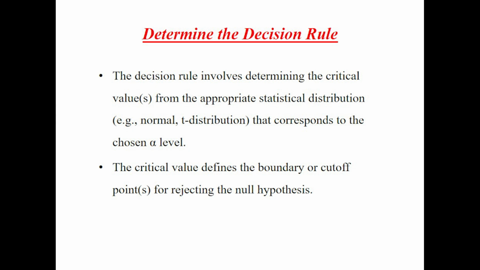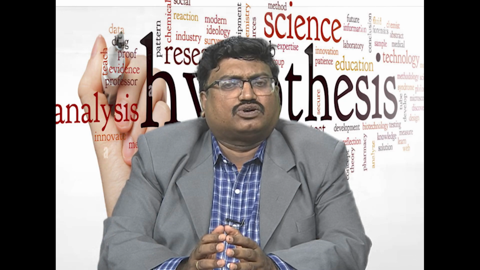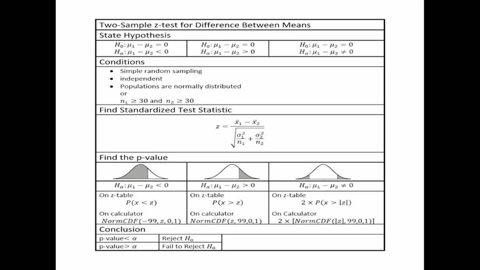What does this decision rule determine? When we said the value of 1.96, that is a critical value. If it is a t distribution, we talk about degrees of freedom. Based on that, we have a table value which is at the end of your reading material, based on the alpha value.